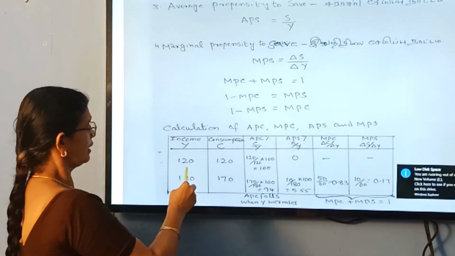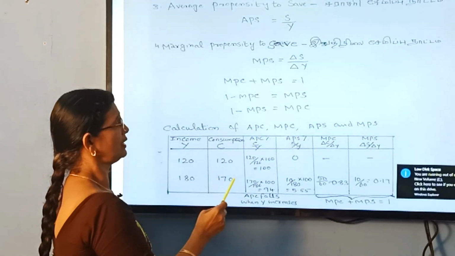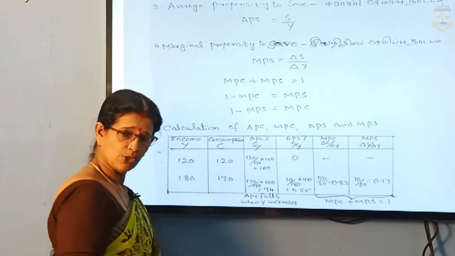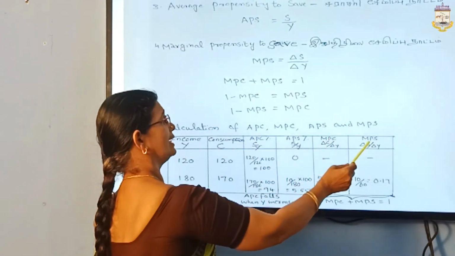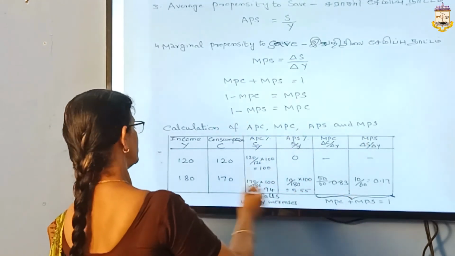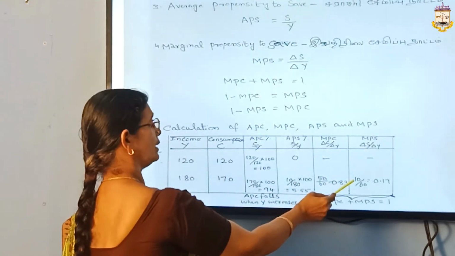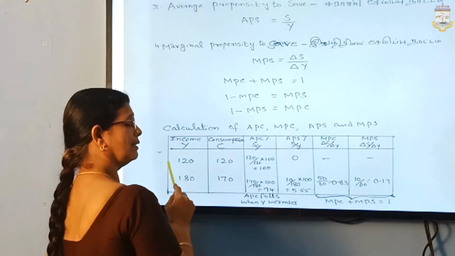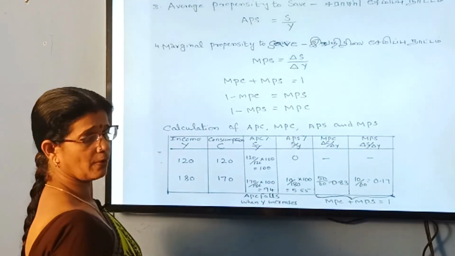In the second case only, income increases. Income increases by 60, consumption by 50. So delta C 50 by 60 is equal to 0.83. The next is MPS, that is delta S by delta Y. The same is the case here, saving is equal to 10, delta S equal to 10, and income delta Y equal to 60. So 10 by 60 equals 0.17.